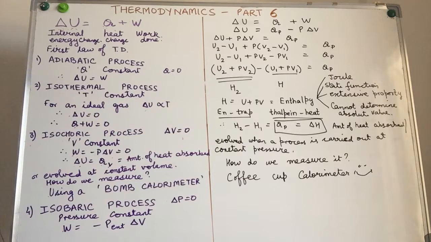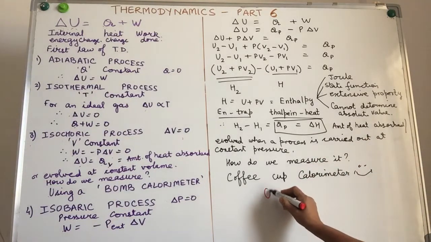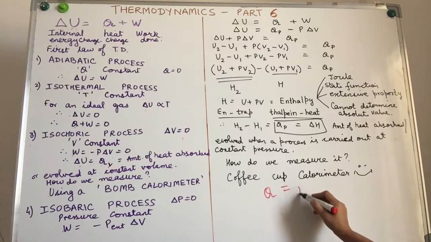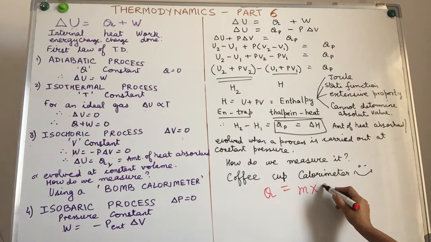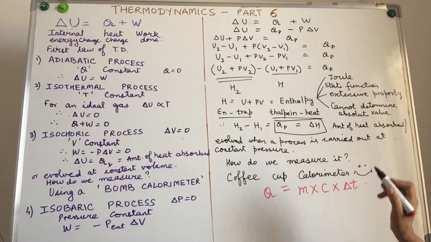And how do we determine that Q V? For this, we go back to our previous video where we had said that Q is mass into the specific heat capacity of the substance into the change in temperature.